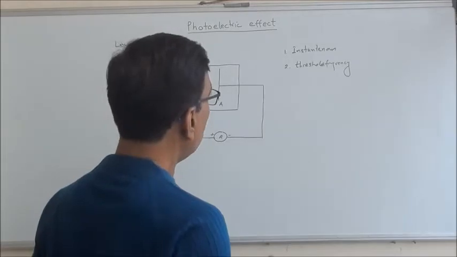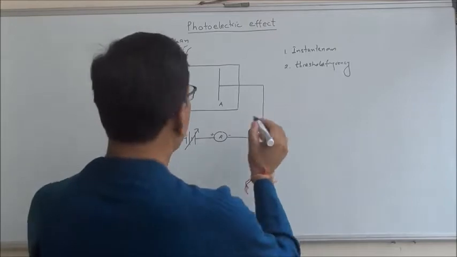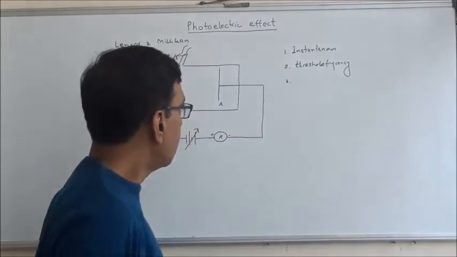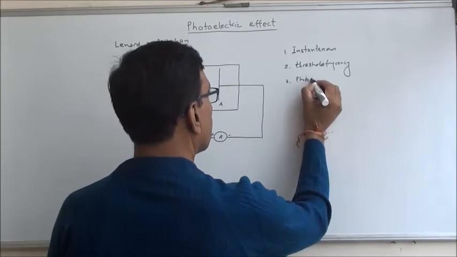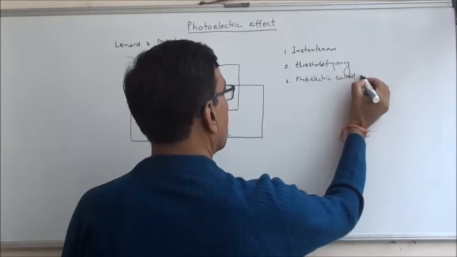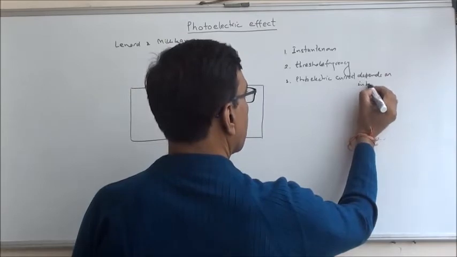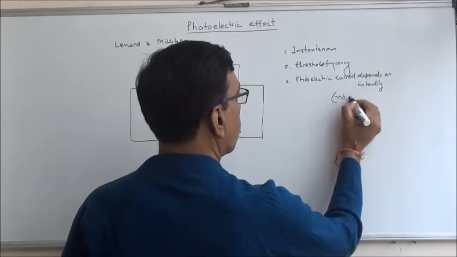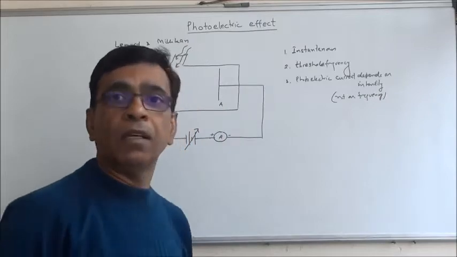And two other very important points which I will explain using graphs. First I am giving you just the statement and then explain them using graphs. The photoelectric current depends on intensity, not on frequency, of incident radiation.